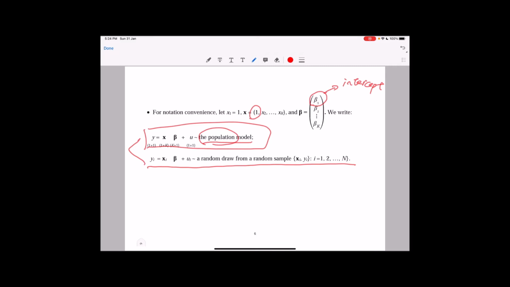That's why, when we talk about identification and the model specification, like here, where the model specification says it is a linear model, model specification and identification is mainly a population issue, because whether you write down a population or a sample, it's actually the same.